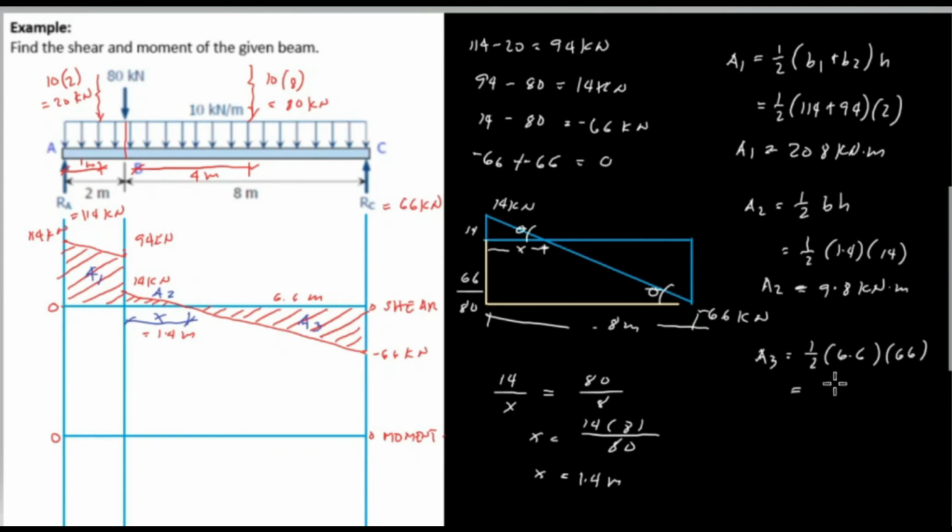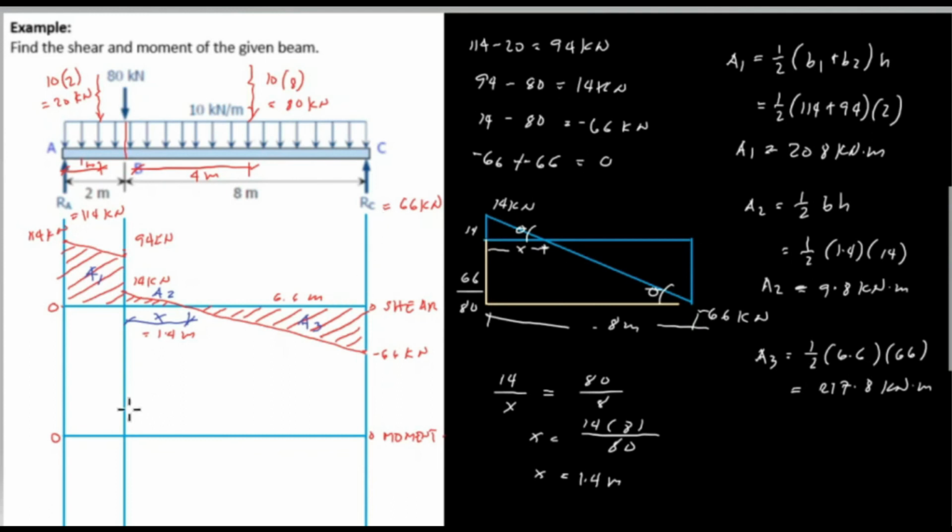So 6.6 times 66 divided by 2 is 217.8 kilonewton meter. So now we have solved the three areas. Area 1, 208 kilonewton meter. Area 2, 9.8 kilonewton meter. And area 3, 217.8 kilonewton meter.